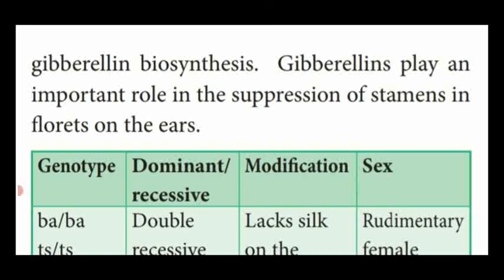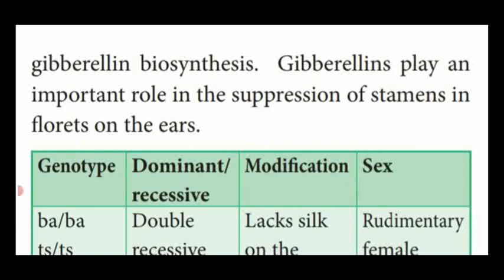That means in the female inflorescence we are adding tassel, isn't it? This tassel produces male flower and avoids ear or cob, as we saw. How does this take place?